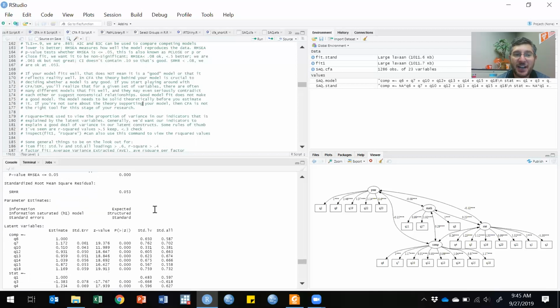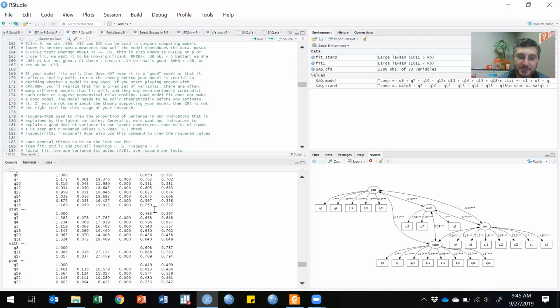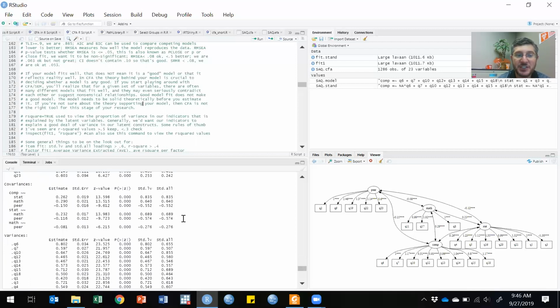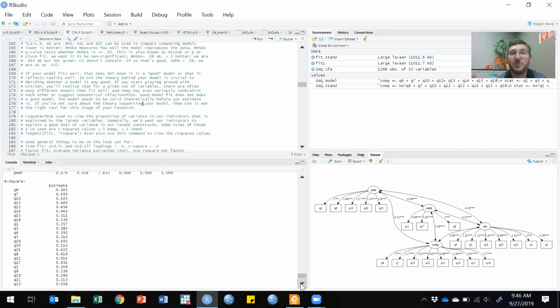So if we come on down here, we get the same output. There's our factor loadings. There's the correlations or covariances between variables. Here's our residual variance estimates again. And here's our R squares, or our communalities. Remember, the communalities indicate the proportion of variance in our indicator that's explained by the latent variable.